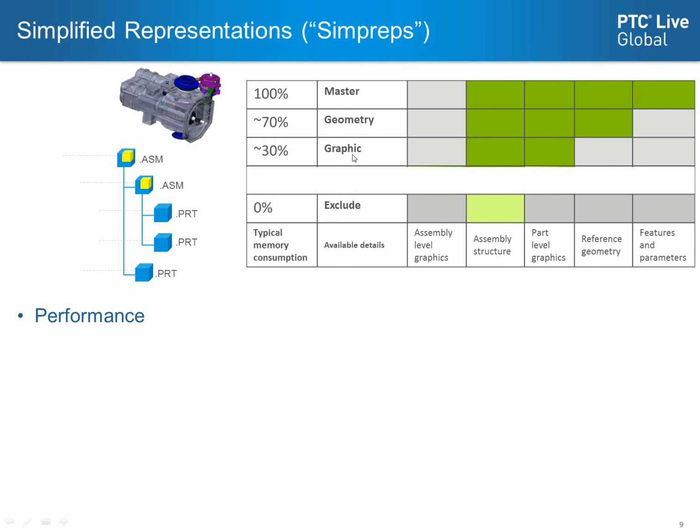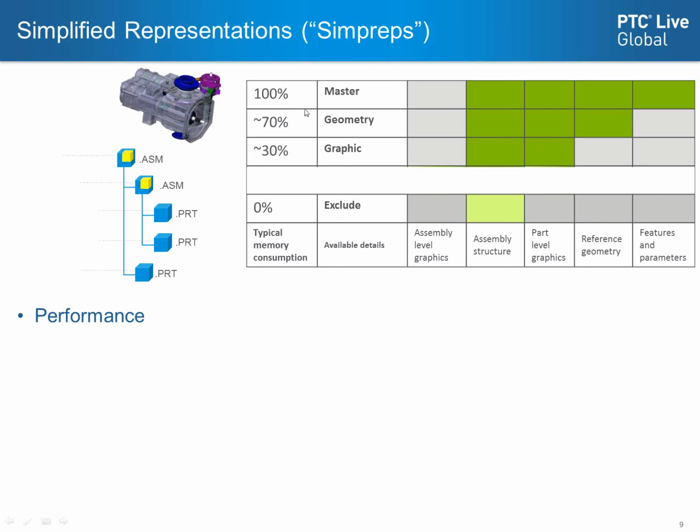different levels of simplified representations, from exclude, when you exclude an item it's not in memory completely, through graphic wrap, which typically brings about 30% of the model information into memory and makes only the graphics, part level graphics available with no geometry references. Then geometry level wrap, which is typically 70% and brings also geometry references like surfaces, items, and so on.